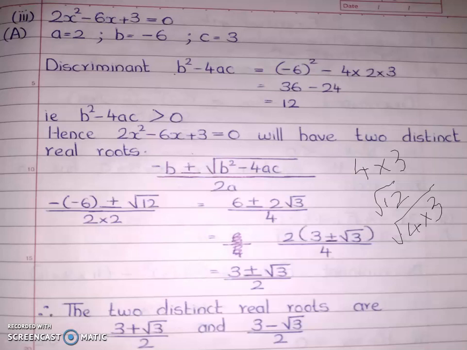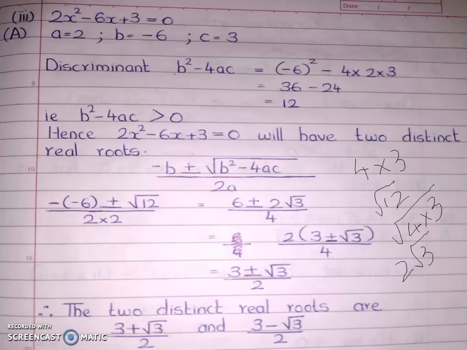This 4 I can take out as a square root. What is the square root of 4? It is 2. So I took 4 outside. What is remaining here? 3. This is how 2 root 3 came here. Okay. Instead of root 12, I wrote 2 root 3.